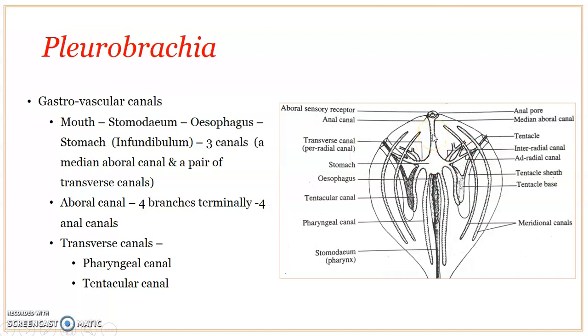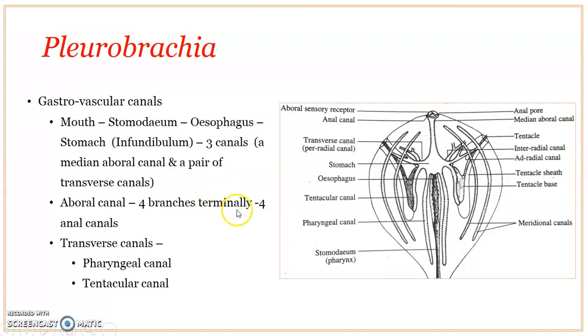Fine. Now we will look into the median aboral canal, which, as we have already mentioned, is otherwise referred to as the infundibular canal. It terminally divides into four branches.